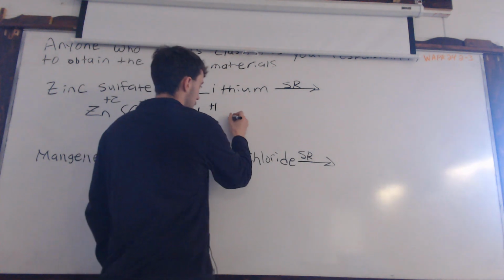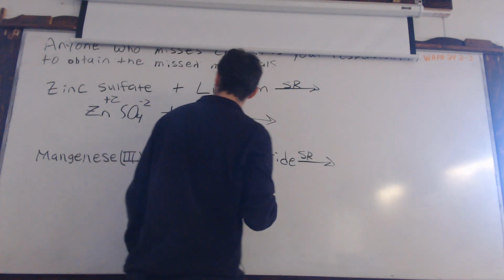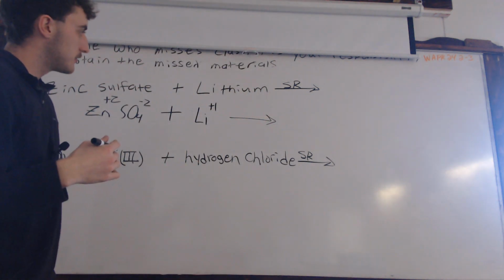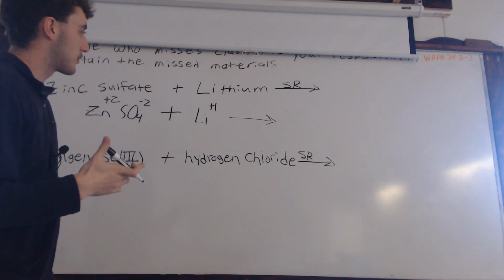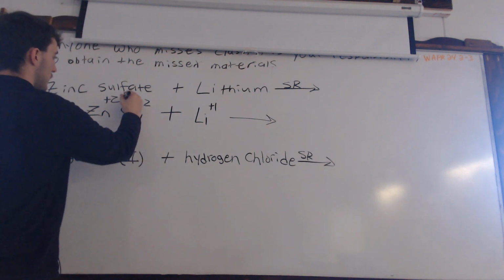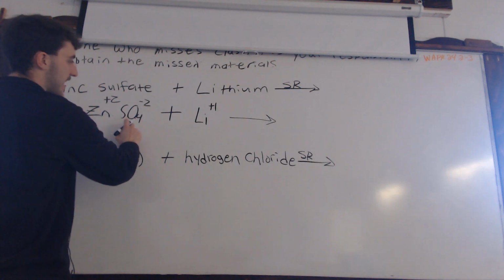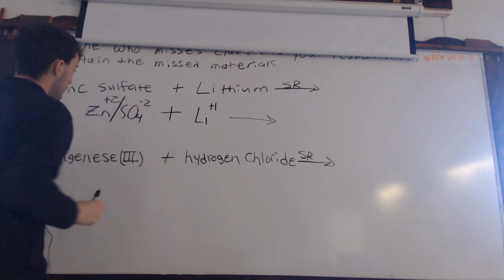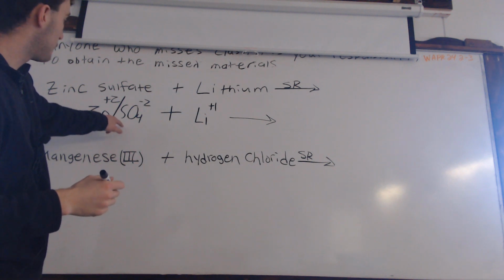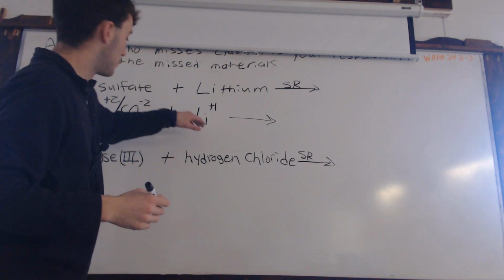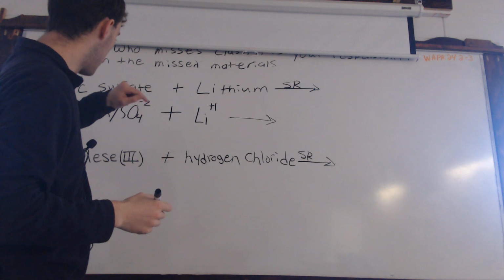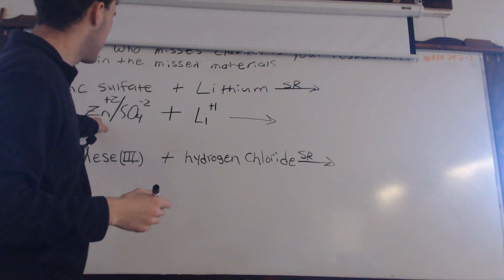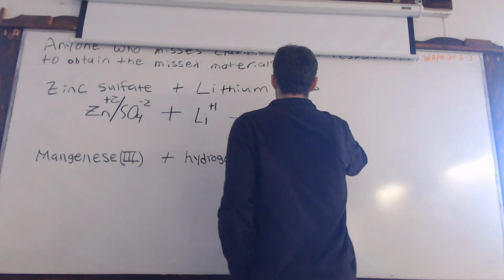Because it's a single replacement, we know that our positive ion has to leave this sulfate. So if you remember, we can draw this line to show how it'll separate. So this lithium will now take the place of the zinc ion, and create lithium sulfate.